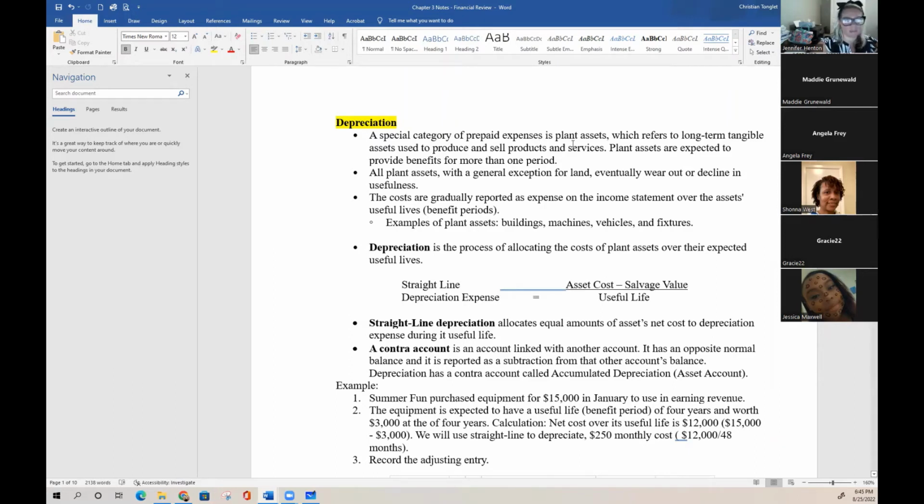That's a service provided year over year, and it's bringing in revenue. So we have plant assets that are expected to provide benefits for more than one period. Normally when we buy these, they're going to last a long period of time. Most of what we're going to be talking about in our class are things that happen in a plant. And we'll talk about some equipment that could potentially be part of the plant that produces products in order to bring in revenue for the plant.